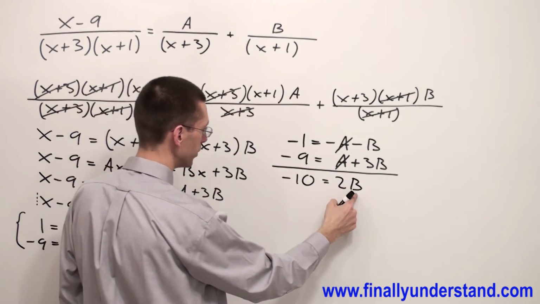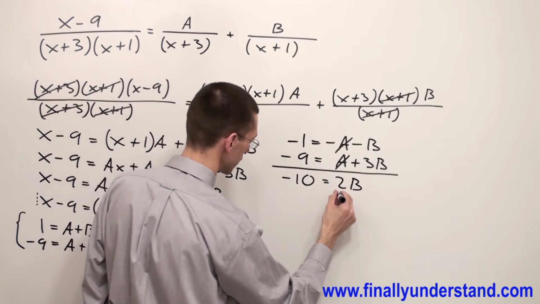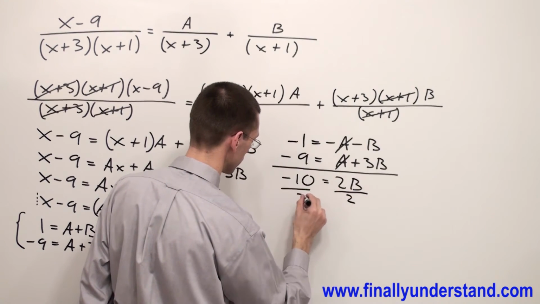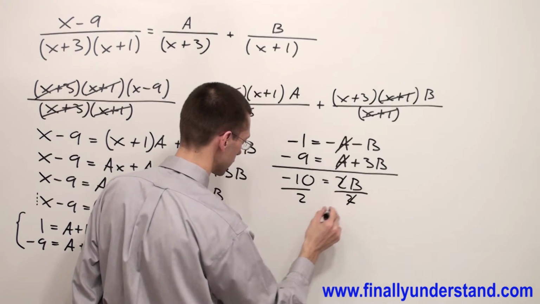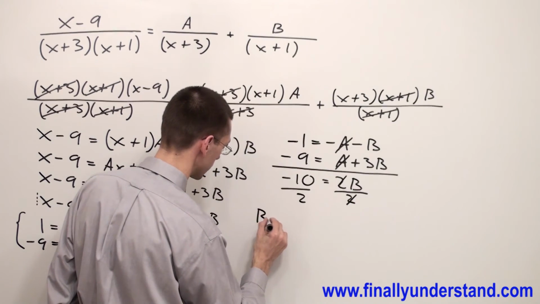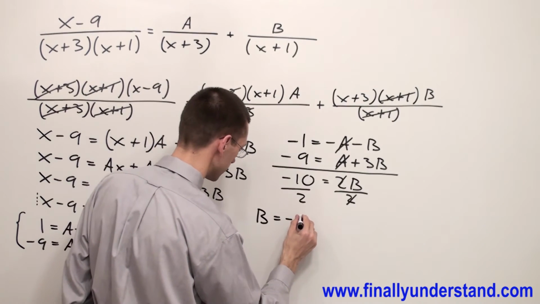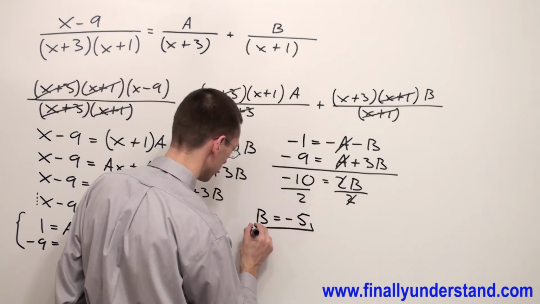In order to find b, I have to divide both sides of this equation by whatever is multiplied to b. Divide by 2. 2 and 2 will cancel out, and b is equal to negative 10 divided by 2, which is negative 5. This is the value of b.